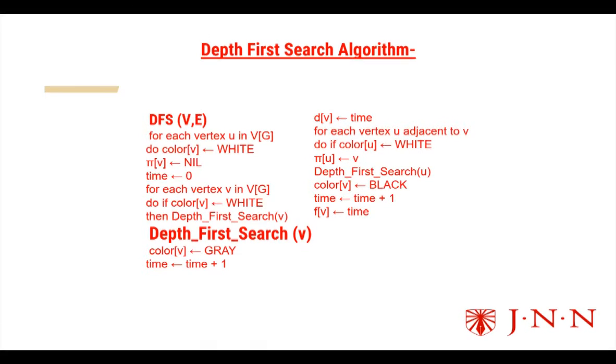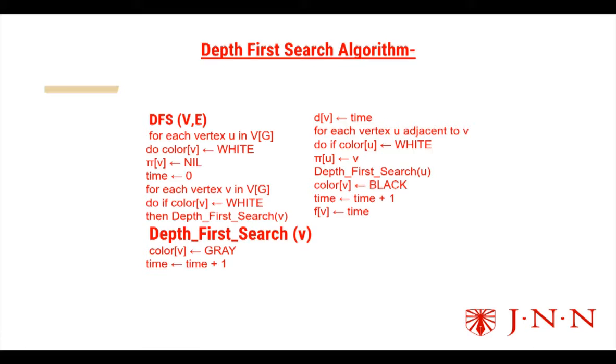Then the discovery time d of u is immediately stored with that time unit. And for every vertex v adjacent to u, if the color of v is white, then the predecessor of v is stored as u.